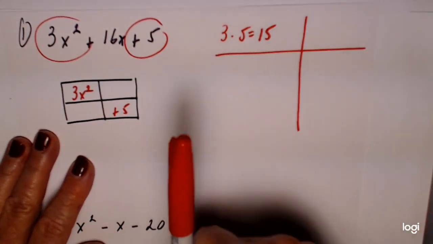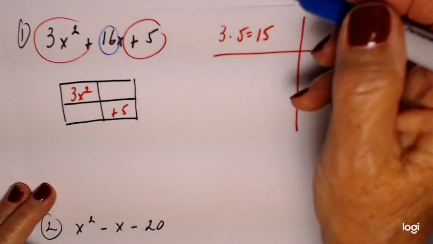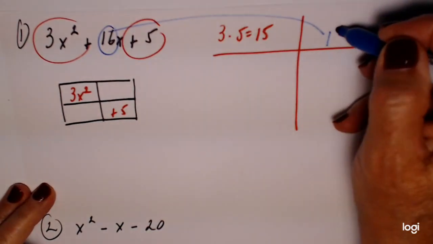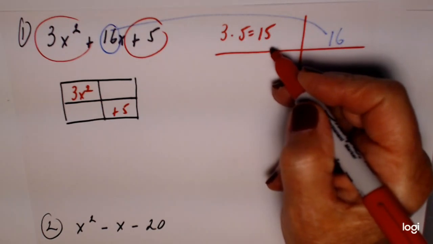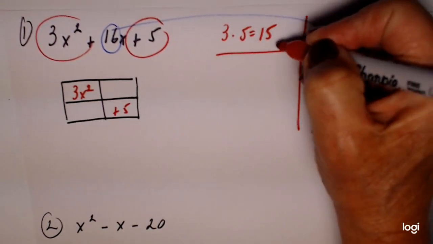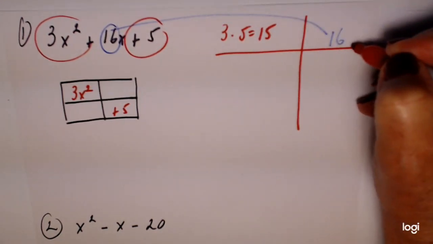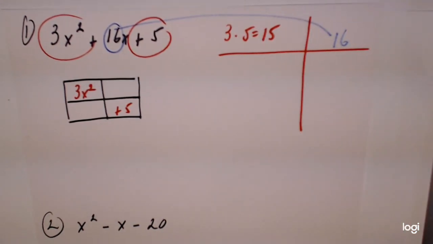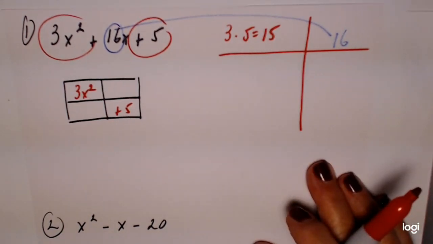And then we look at this middle number, 16, and that's going to sit over here. We're going to look for factors of 15, so numbers that multiply to give us 15 and add to give us 16. So some of you might see this right away.